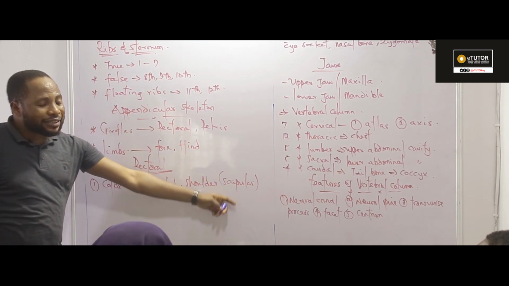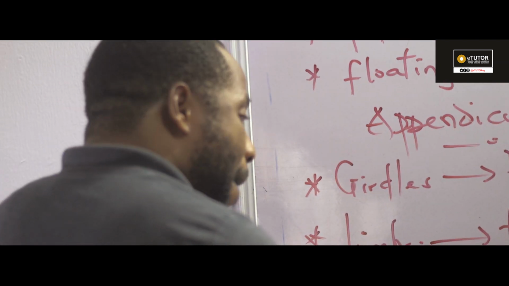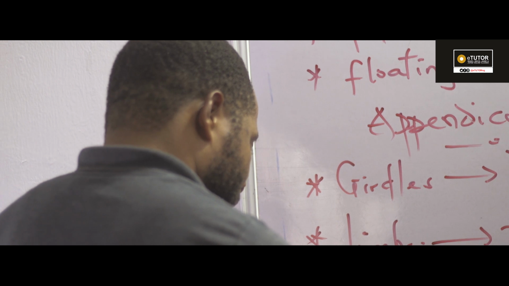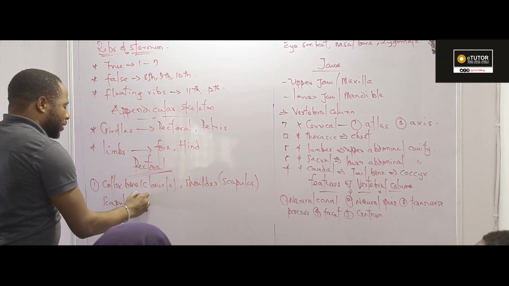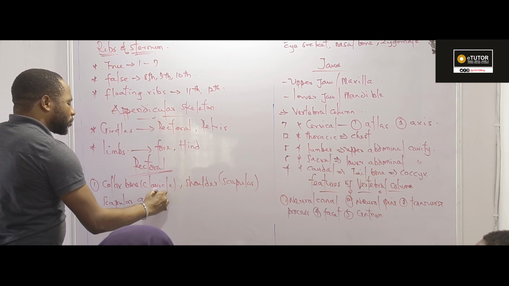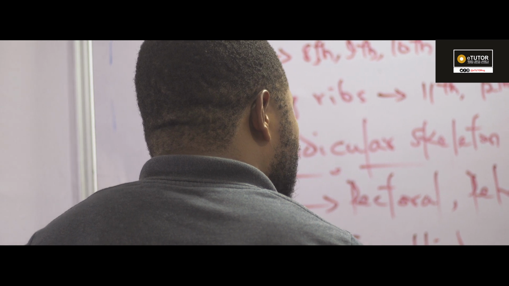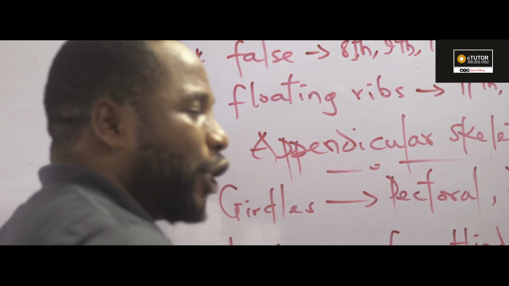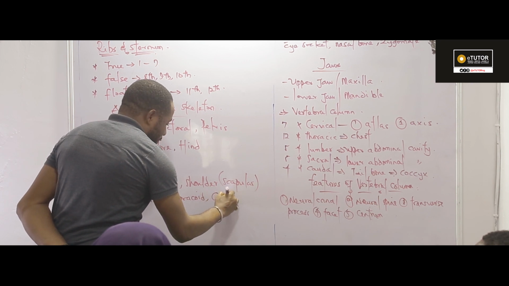Then, the scapula consists of parts like the scapular blade, the acromion, the coracoid, and a notch called the glenoid fossa.